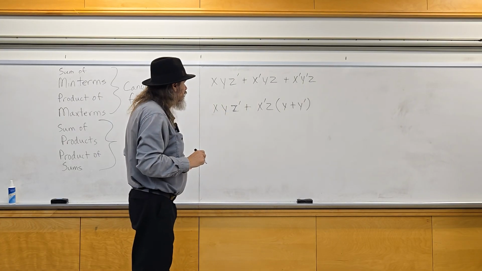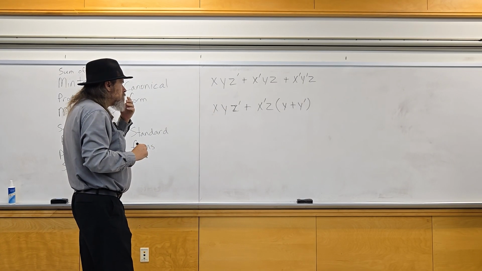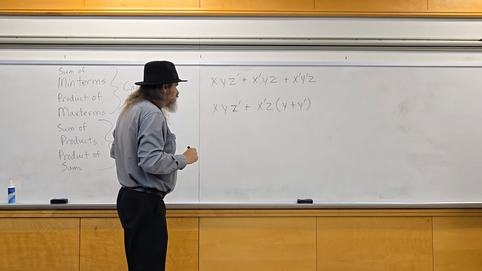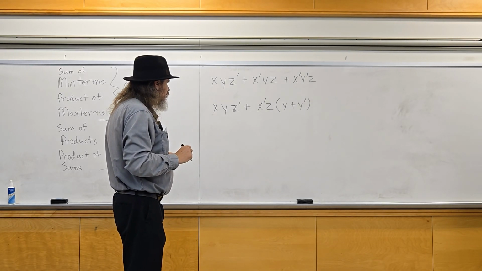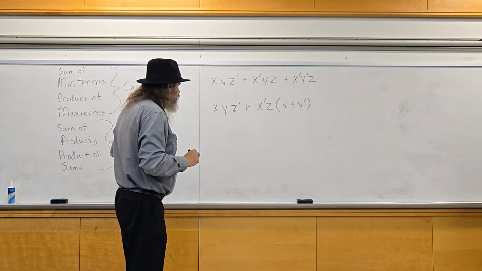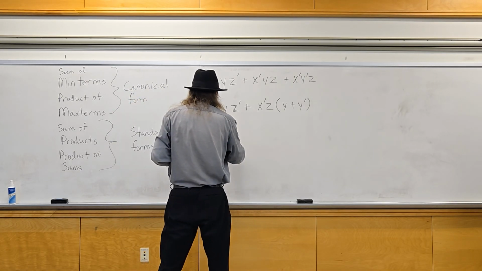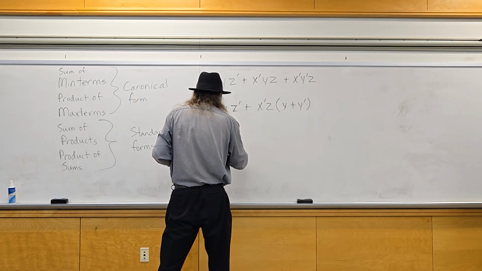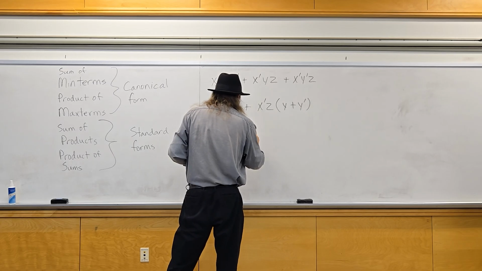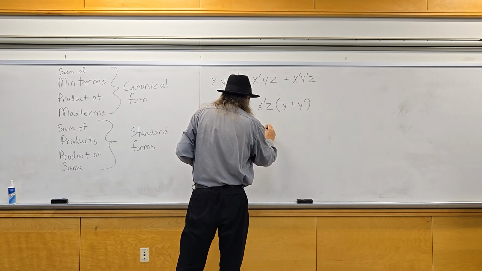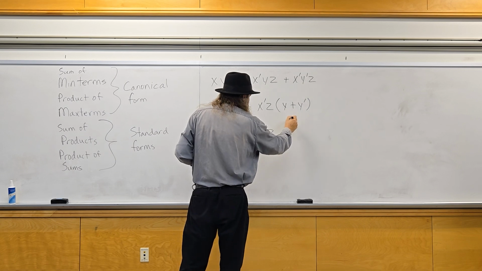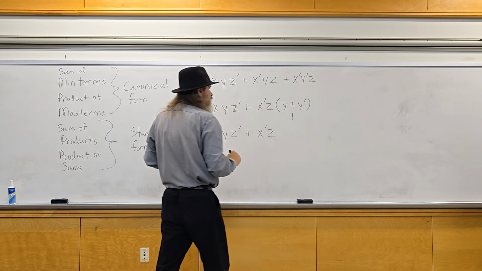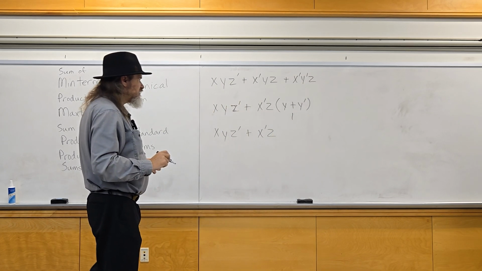and left with that, and that further reduces to X, Y, Z prime plus X prime Z, because this is 1. Y ORed with its complement is going to be 1.